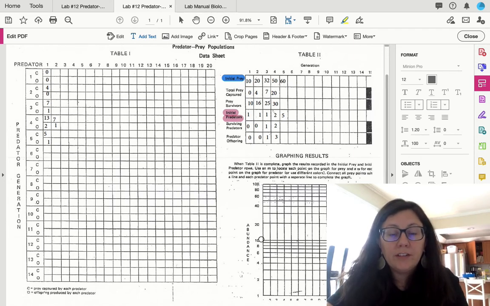But you graph it in 2 different colors. So for the mice, in the first generation, you had 10 to start. So you'd put 10 here.